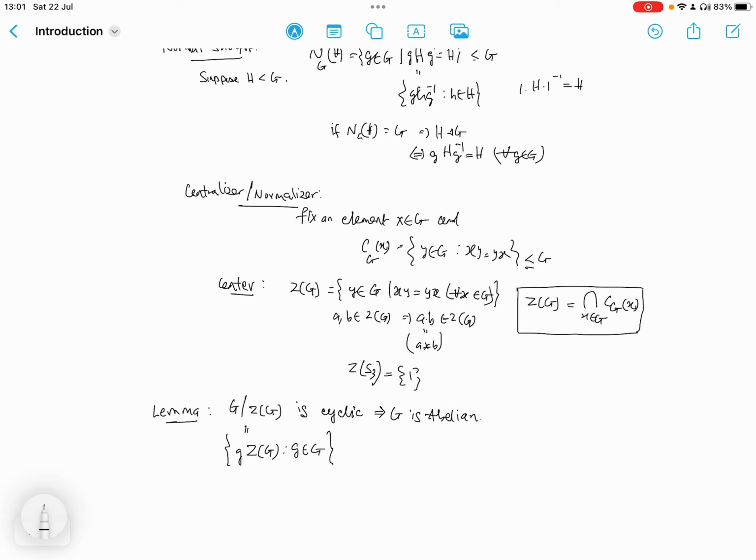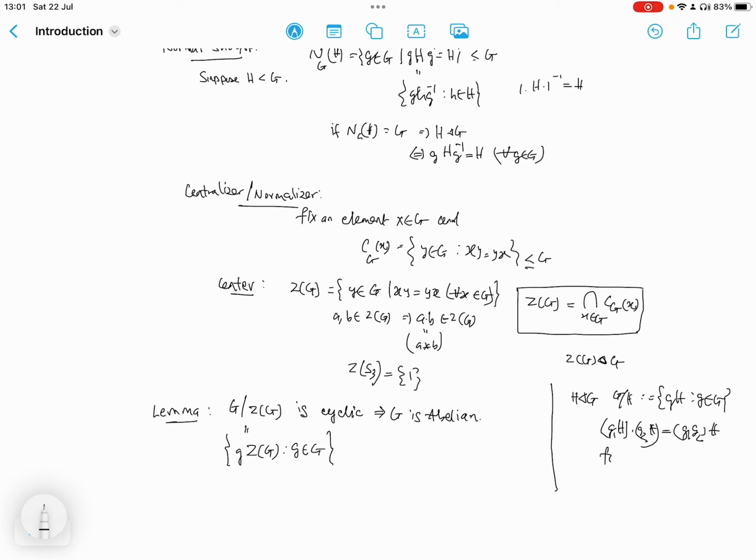Because it's a normal subgroup, you can check again, this is a normal subgroup of G. This is the notation for a normal subgroup, the triangle. In general theory, if H is a normal subgroup, then this set of cosets forms a group under this obvious binary operation.